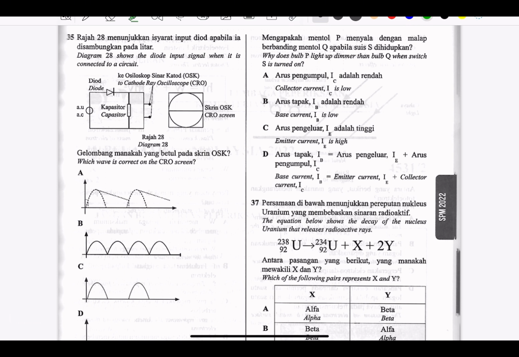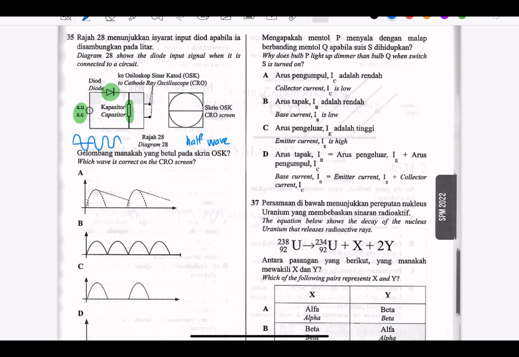Okay, question 35. A diode when connected to a circuit. So there's one diode and there's another capacitor. With only one diode, there will be a half wave rectification. The current input is an alternating current.